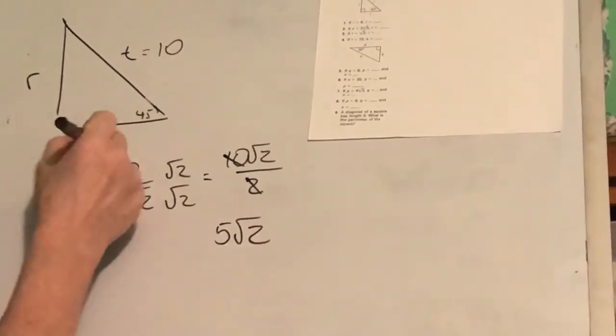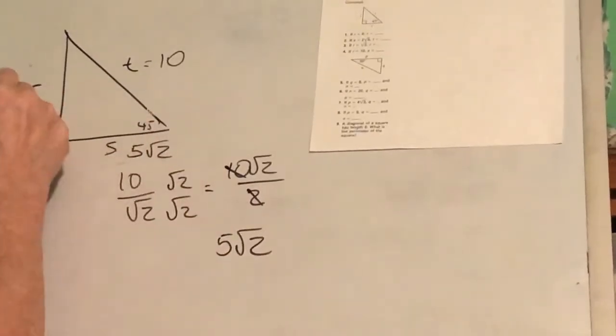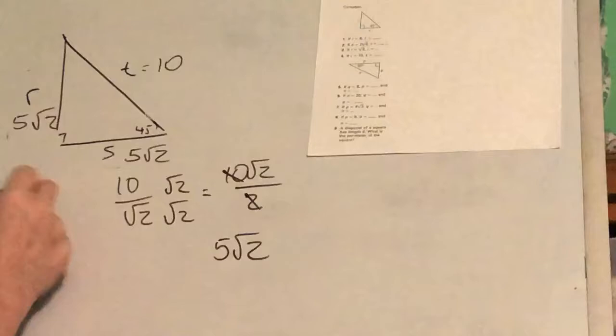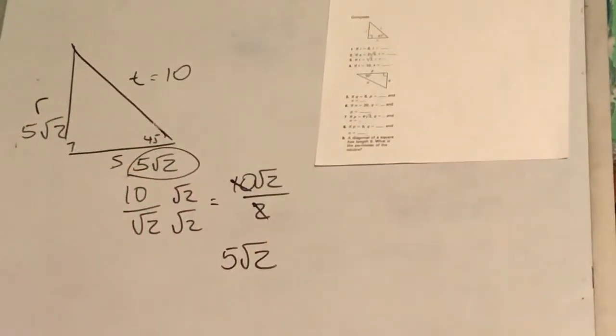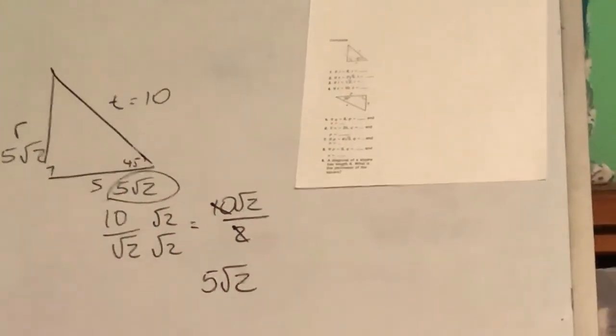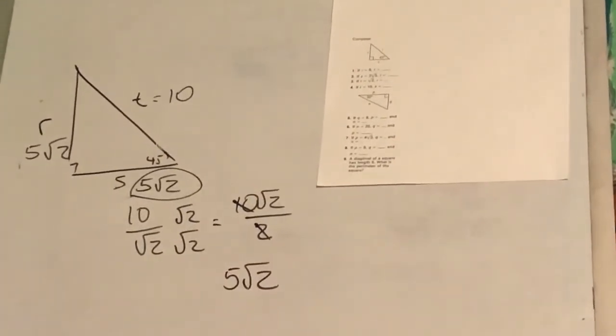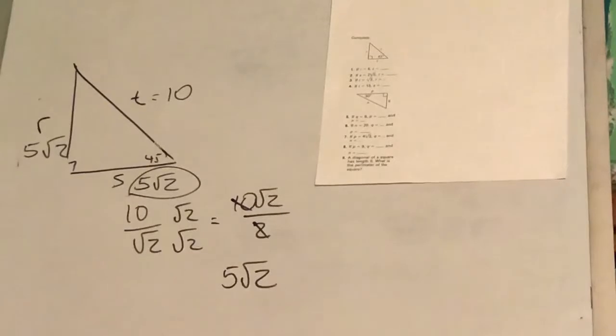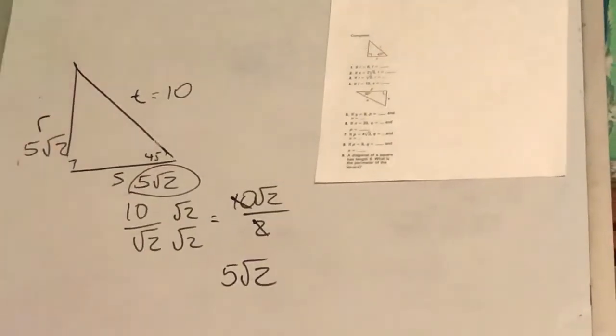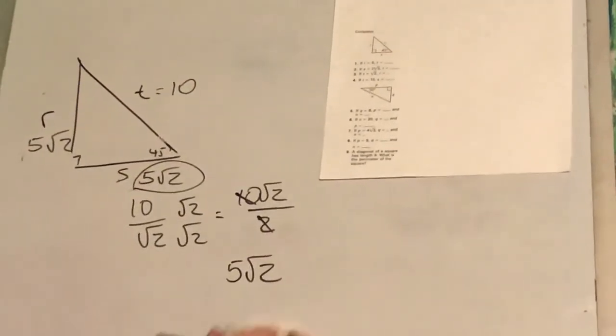So if S is 5 square roots of 2, R is also 5 square roots of 2, and that is the solution to number 4. So I hope that went very well for you. That's what the entire section is going to be of your homework when you have a 45, 45, 90 triangle.